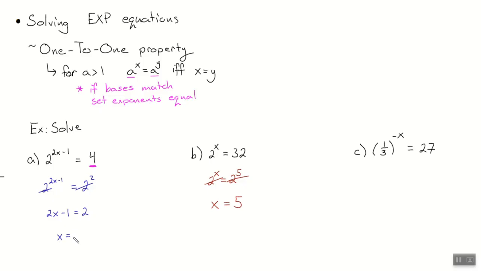We'll have 2x equals 3, and then we'll divide by 2. Now, could we check on our calculators to verify? Like, you could probably do 2 to the 2 times 3/2 minus 1, and you could check it. I guarantee it's 4. If we wanted to make this instead of a base of 4, we could. Do you guys recall properties well enough to do that?